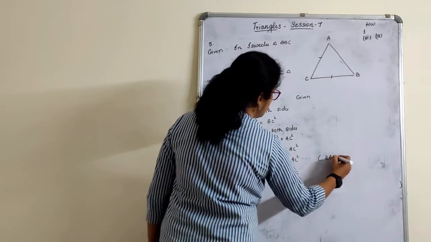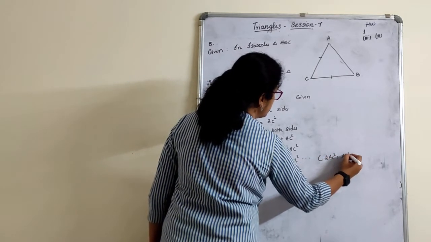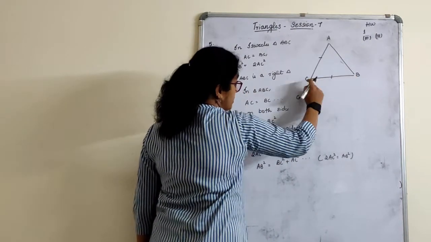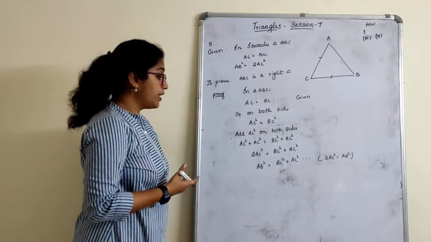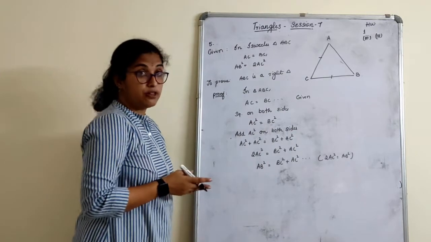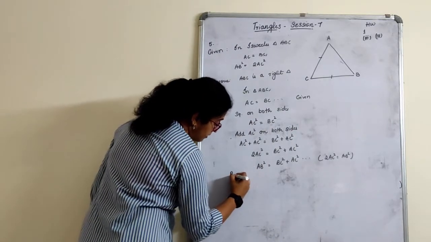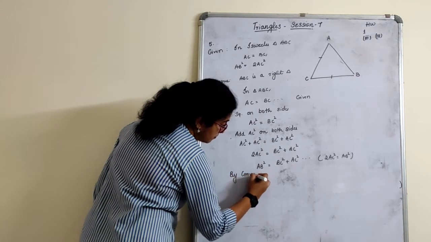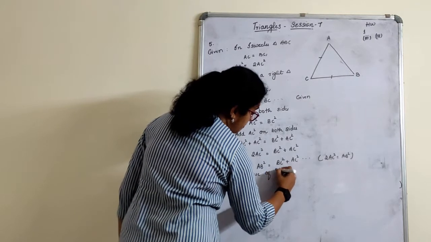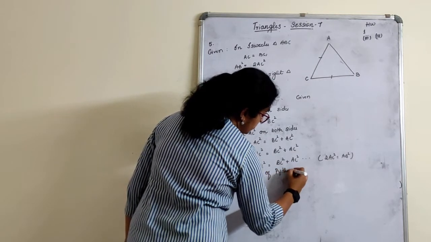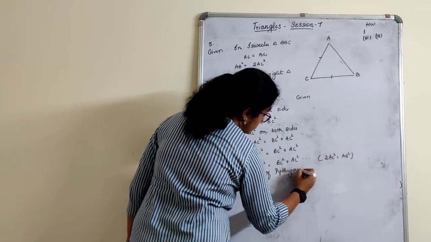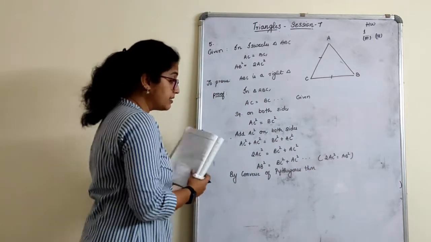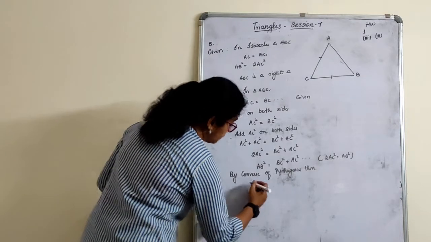Reason: 2 times AC square is equal to AB square. Now this is nothing but AB square is equal to BC square plus AC square. The square of the hypotenuse is equal to the sum of the squares of the other 2 sides. That's why, by the converse of Pythagoras theorem, the triangle containing these sides contains a right angle and it is a right angle triangle.